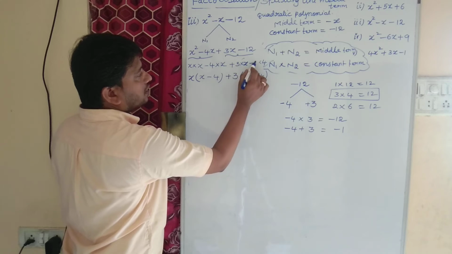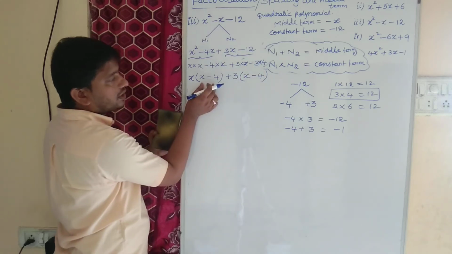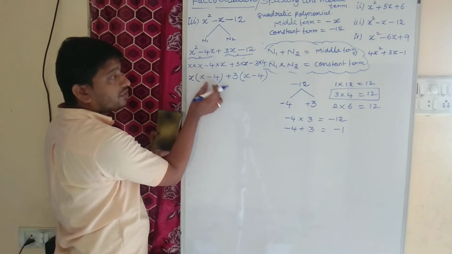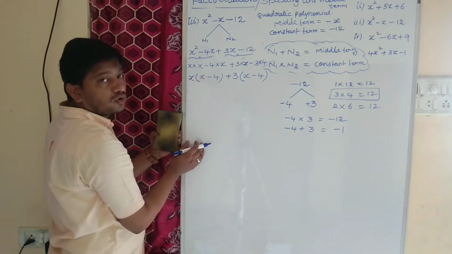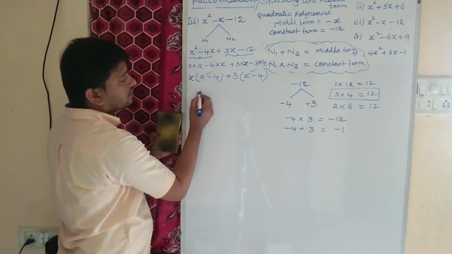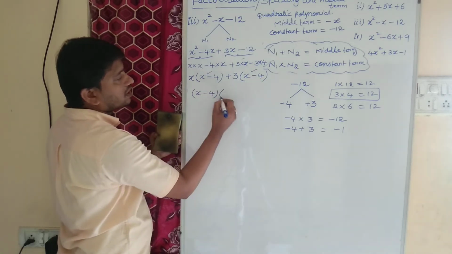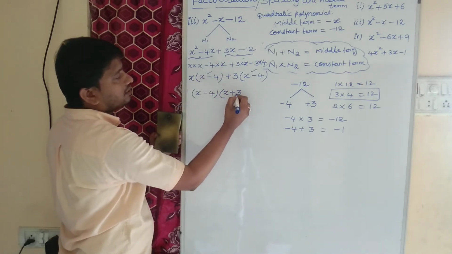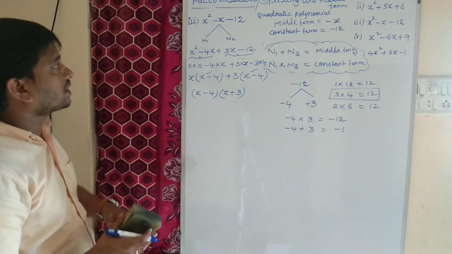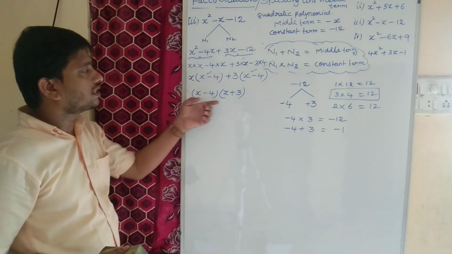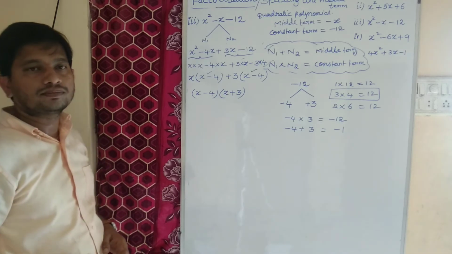Whatever expression you get here, x minus 4, here also you will get x minus 4 only. Same, right? Now we have x minus 4. Let us take x minus 4 as common. So left over is x and 3. So the factors of x square minus x minus 12 are x minus 4 into x plus 3.